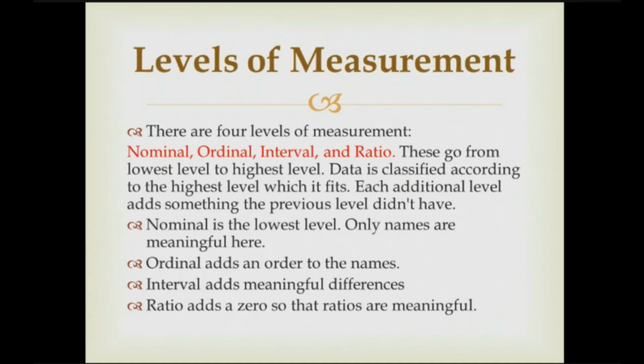Each additional level adds something the previous level didn't have. Nominal is the lowest level, only names are meaningful. Ordinal adds an order to the names. Interval adds meaningful differences. Ratio adds a zero so that ratios are meaningful.